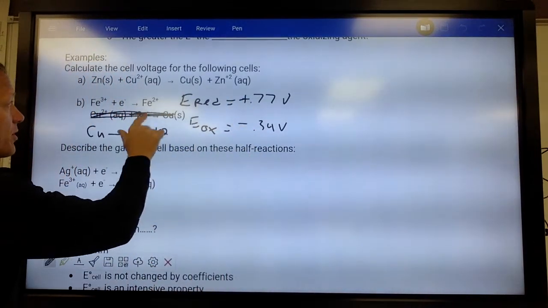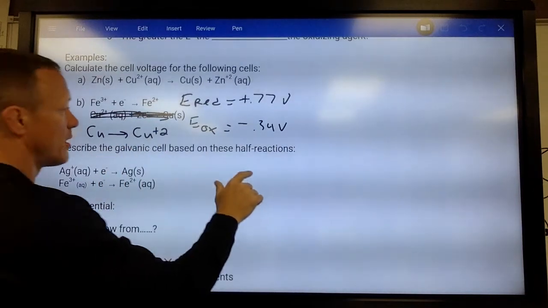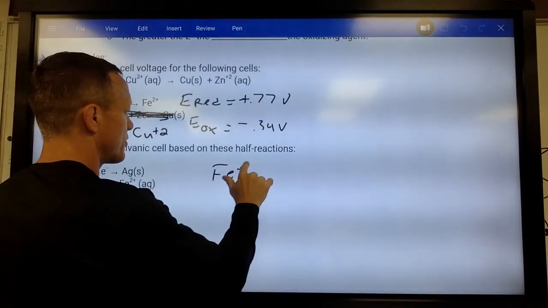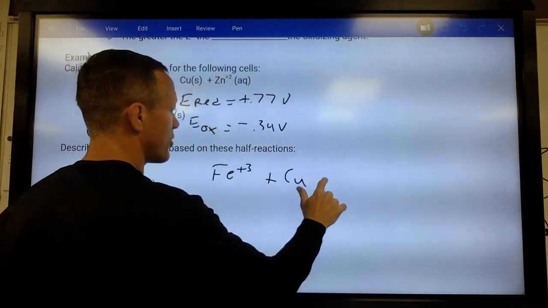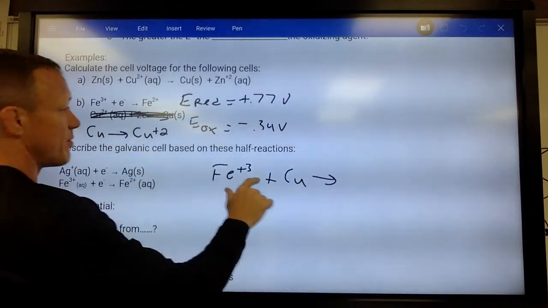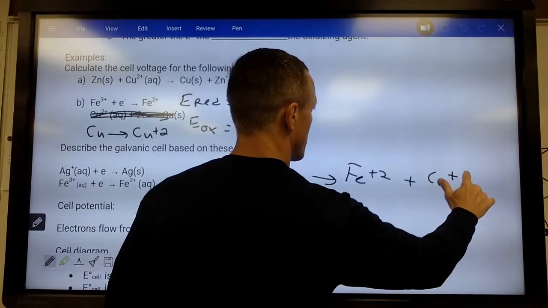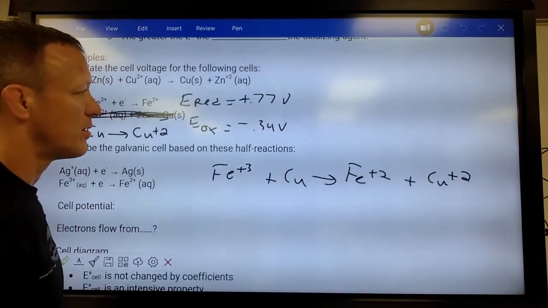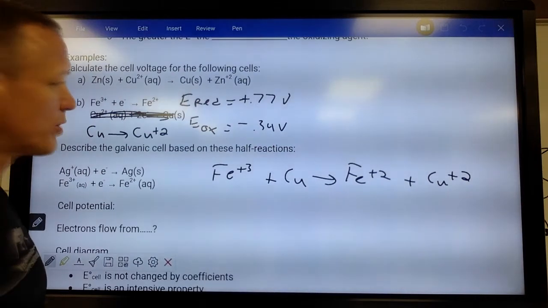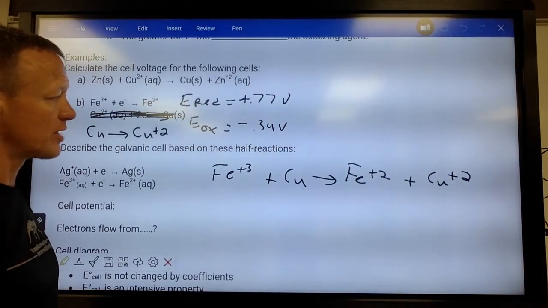So our overall reaction would be Fe +3 plus solid copper, making Fe +2 plus copper +2. So really, if we think about what's happening here, there's a couple electrons being transferred.